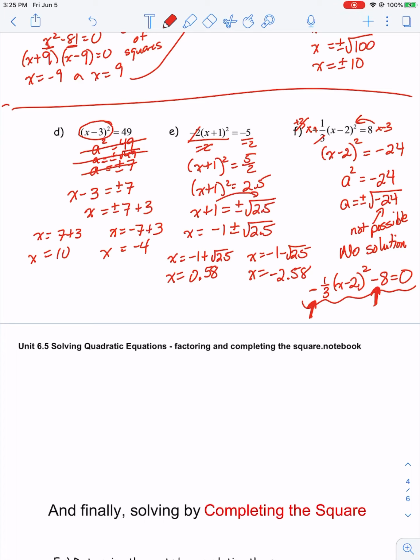It happens sometimes. If you're doing one like this, where you just have that x squared term, and the right-hand side is negative while the left-hand side is positive, so the squared side is positive and the other side's negative, there is no solution. All right?